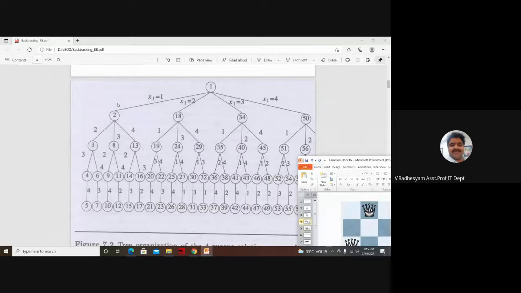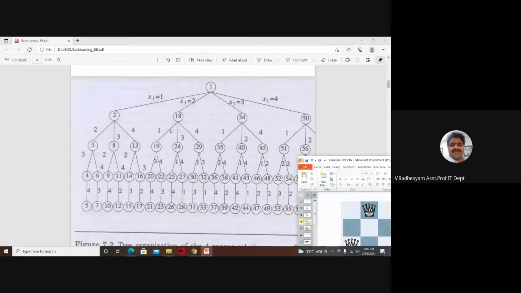Please understand. This is x1 is equal to 1, x1 is equal to 2, 3, 4. If x1 is equal to 1, Q1 is to be placed in the first column. This denotes x2. x2 is equal to 2, x2 is equal to 3, x2 is equal to 4, x2 is equal to 1, x2 is equal to 3, x2 is equal to 4, x2 is equal to 1, x2 is equal to 2, x2 is equal to 4.